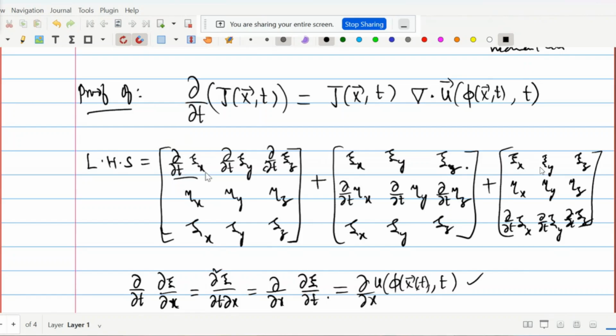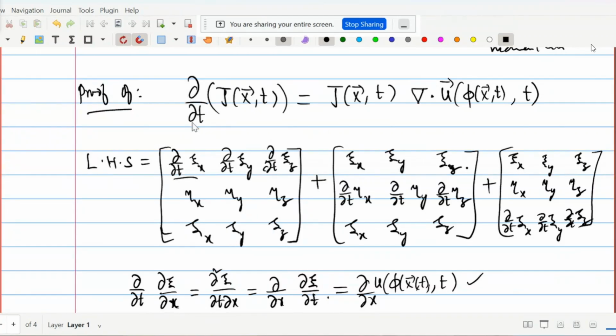So the Jacobian I'm writing in the form of rows: first function ξ, I take the derivatives with respect to x, y, z, that is your first row. Second function η, again you take the x y z derivatives, next is ζ. So this is your Jacobian.